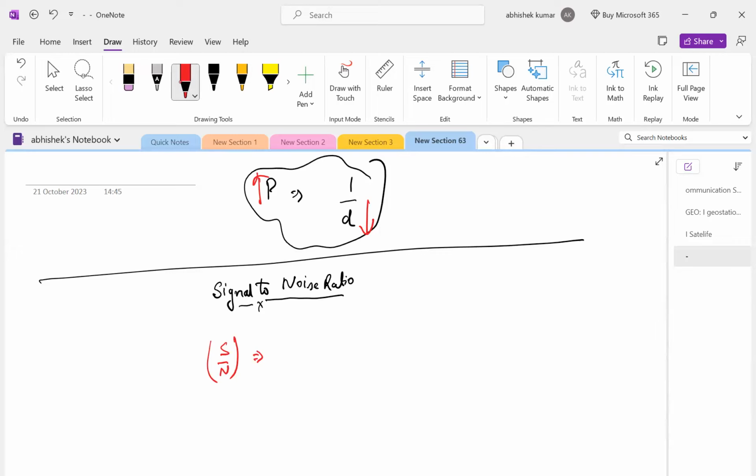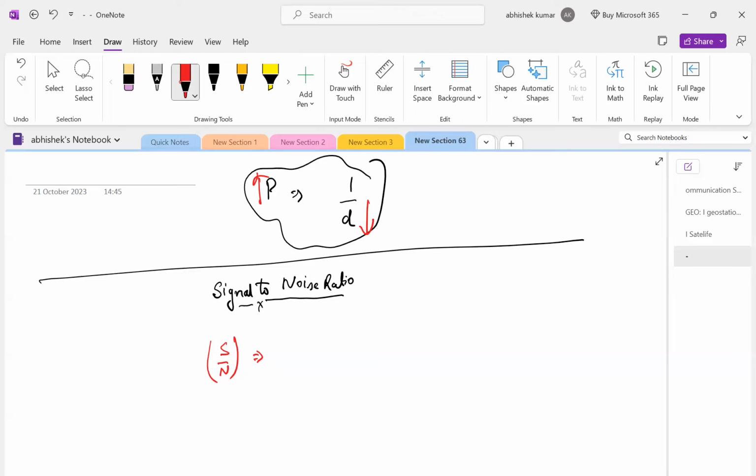If noise is more, this ratio will be less. If noise is less, this ratio will be more. So this ratio should be as good as possible.